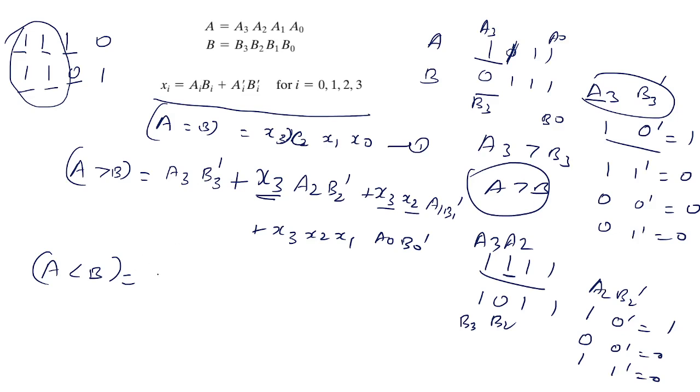So I'll write that: A3 prime B3. So instead of A3 I have written B3, instead of B3 I have written A3.